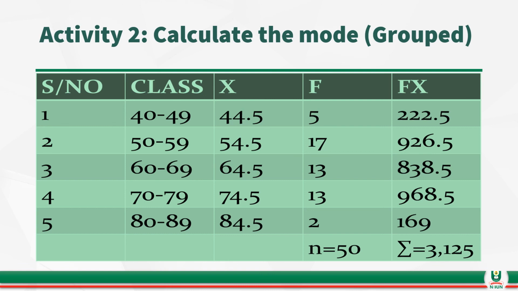So you can see the class, the frequency at which they occurred, and then the total fx, sigma fx, which is 3,125. So let's look at how to calculate the mode in this grouped data.